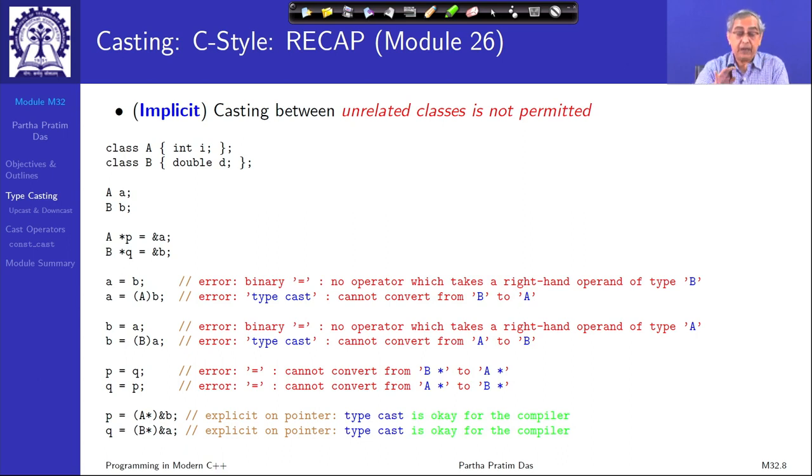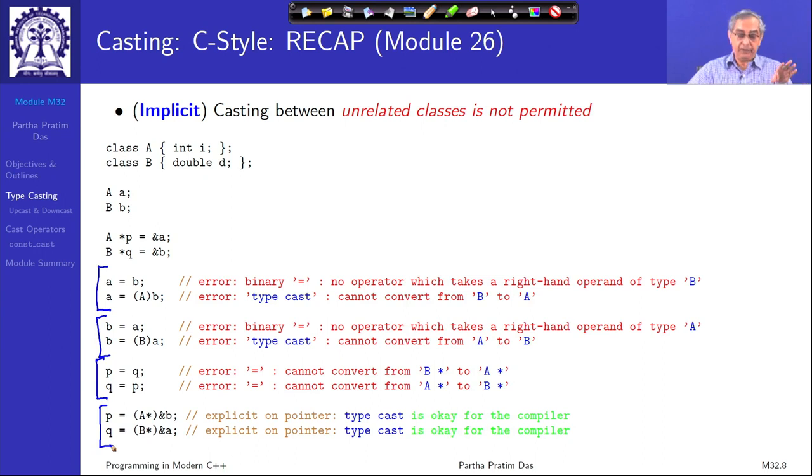If we came to the unrelated types, we saw several things that cannot be done. You cannot convert an object implicitly or explicitly by casting from one type to another. None of these are allowed. You cannot convert their pointers implicitly, but using the C style, you can explicitly cast the pointer of one type to another type, even though they are unrelated.